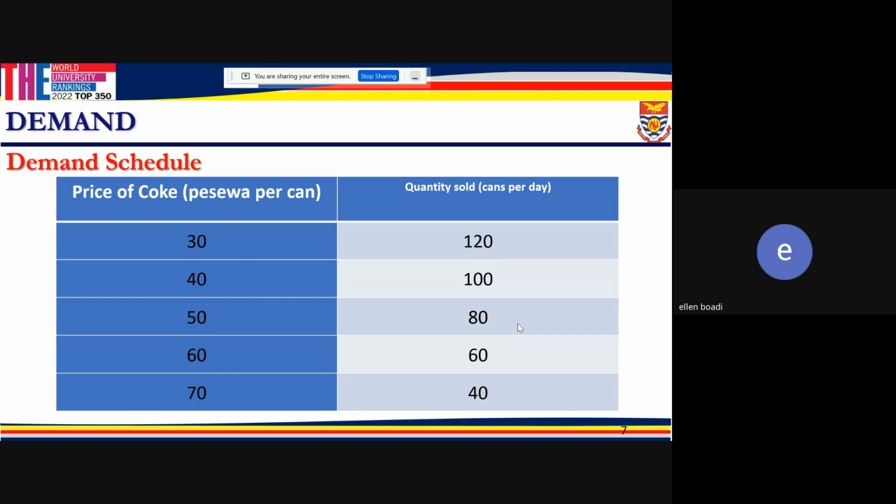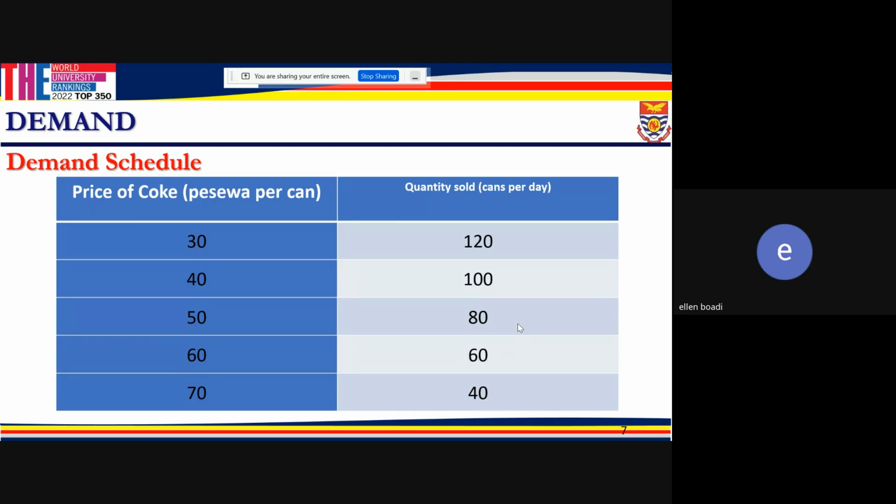Nothing in Ghana is sold in pesos. We are just using it for illustration's sake. So let's maintain this. We are assuming that these are the various prices. The price was 30 pesos, it moved to 40 pesos, 50, and for each of the changes in prices, you see that there are corresponding changes in quantity as well.